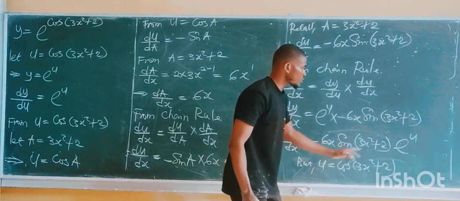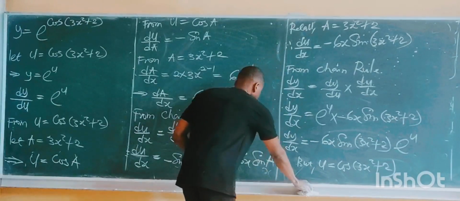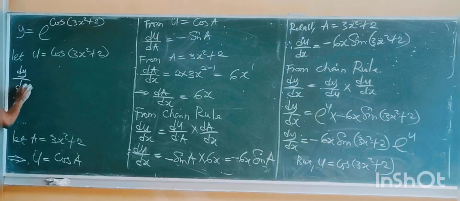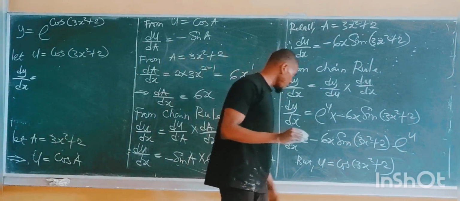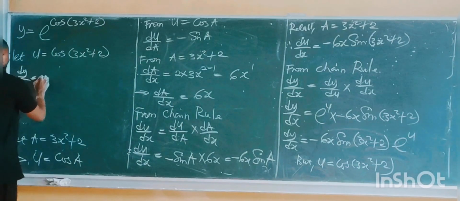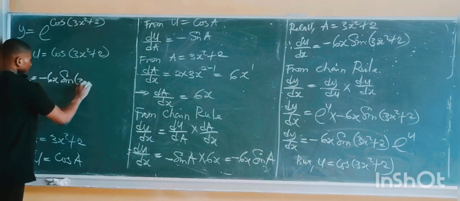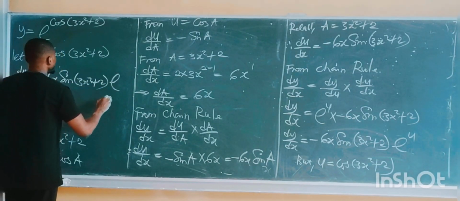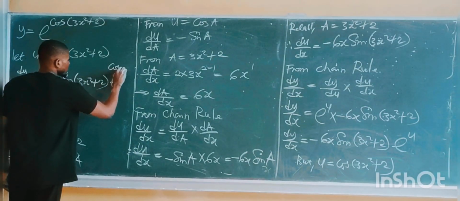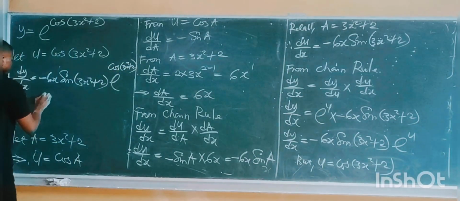So in place of this u, we put back the original value. Therefore, dy/dx is now equal to minus 6x sine(3x squared plus 2) exponential cos(3x squared plus 2).